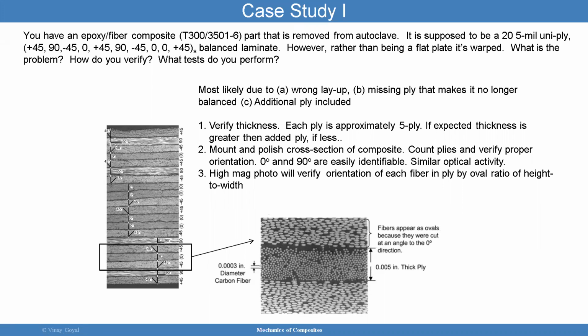And when I say 5 mil, what I really mean is 0.005 inches. Unidirectional, meaning basically you have fibers only running in one direction. That's what a uniply is really talking about there. And then you have a balanced laminate, which I'll discuss later what a balanced laminate is.